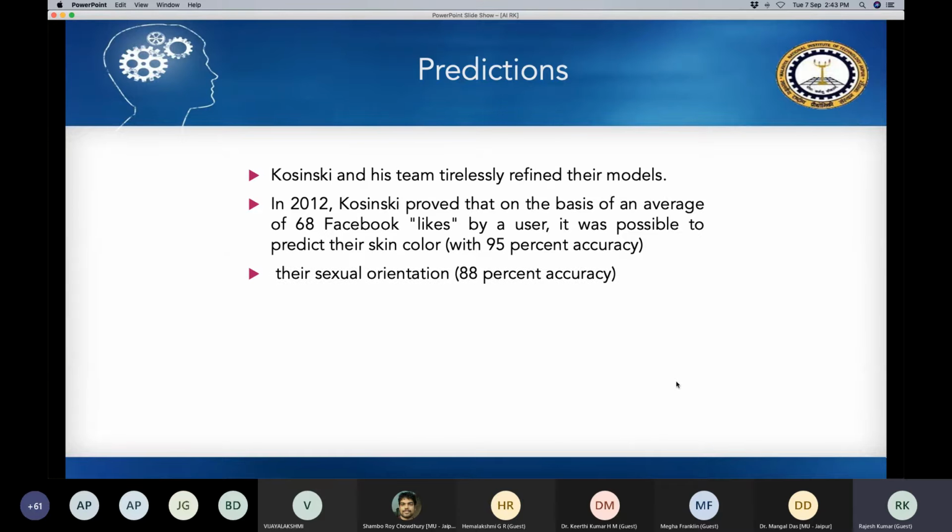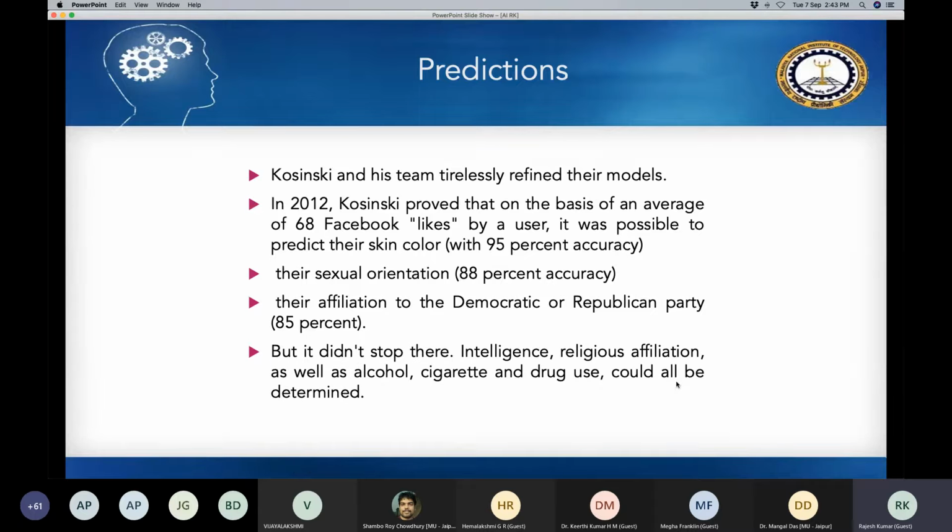They have published some very nice outcomes of their work. They can even tell the preference on the type of party, whether Democratic or Republican, with 85% accuracy.